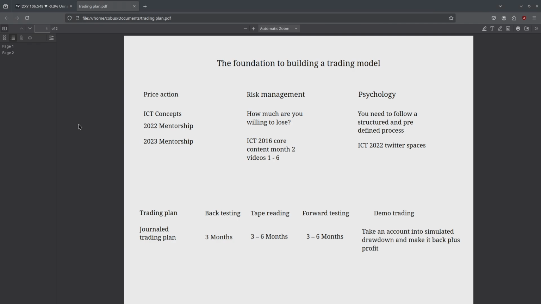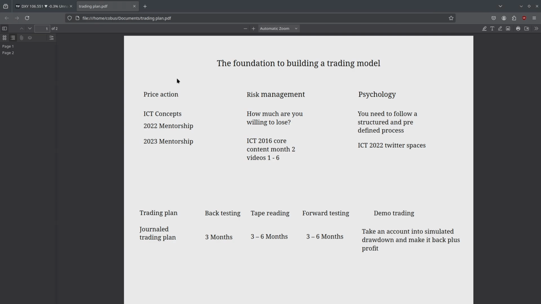So, first things first, you've studied from ICT's YouTube channel. The first thing that a new trader or somebody that's relatively new is going to focus on is going to be the price action. That's what you're going to be looking at.